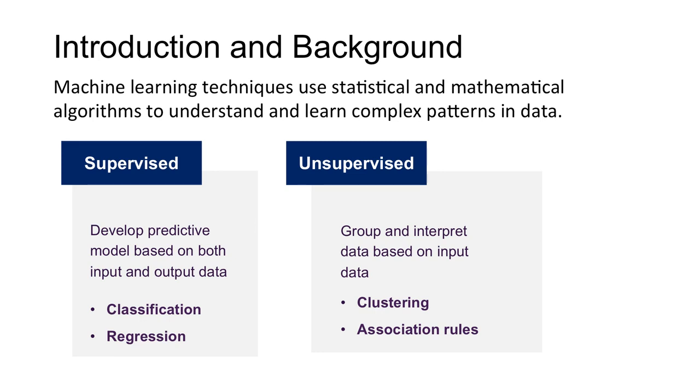Supervised learning, also known as classification and regression, aims to develop a predictive model based on input-output data. That means, in machine learning, it's called labeled data. In unsupervised learning, there is no labeled data. In that case, algorithms try to group and interpret data based only on the input. These techniques are also known as clustering or association rule mining.